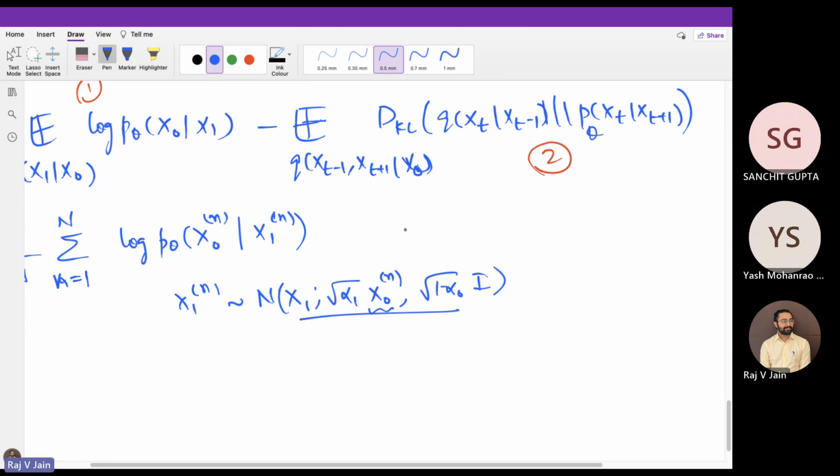It can't be given. Because see, from x naught, we sample x_{t-1}. That equation is root of alpha. So this can be sampled as a Gaussian given x naught.